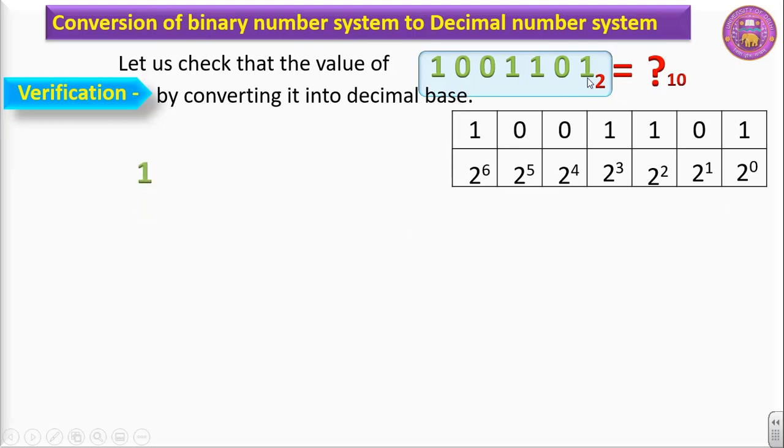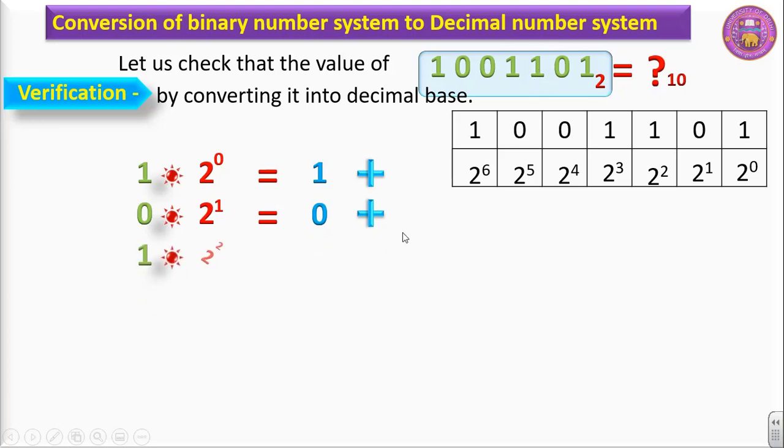1, this one multiplied by 2 raised to power 0. It comes to 1. 0. This 0 multiplied by 2 raised to power 1. Anything multiplied by 0 is 0. This one multiplied by 2 raised to power 2.